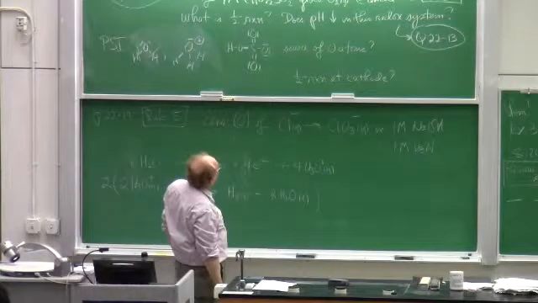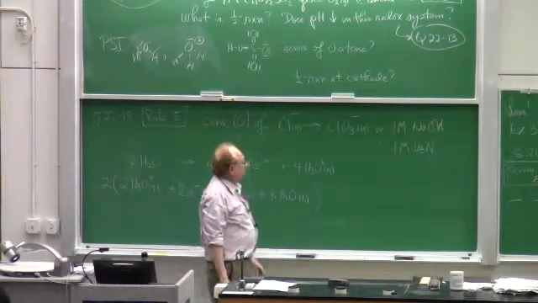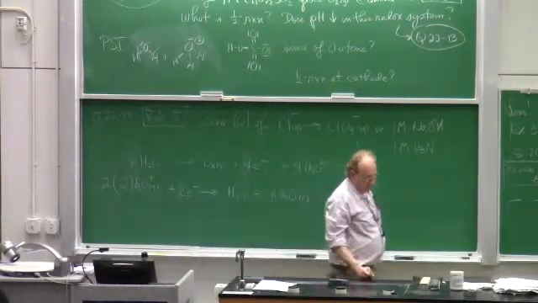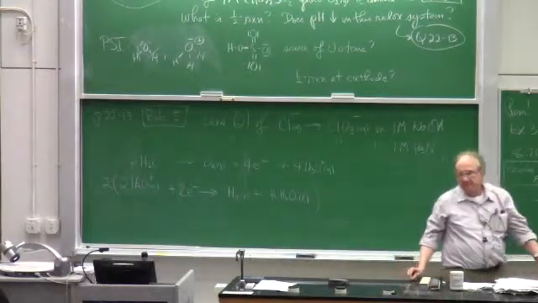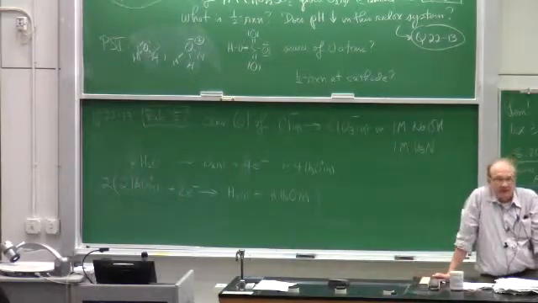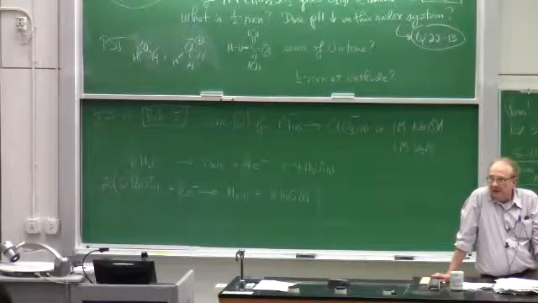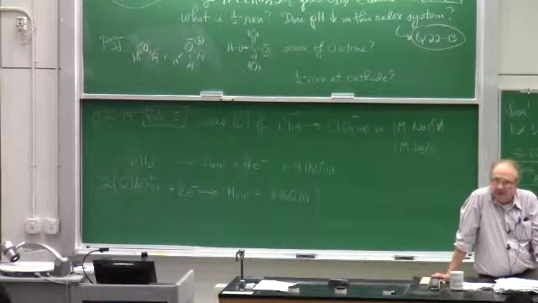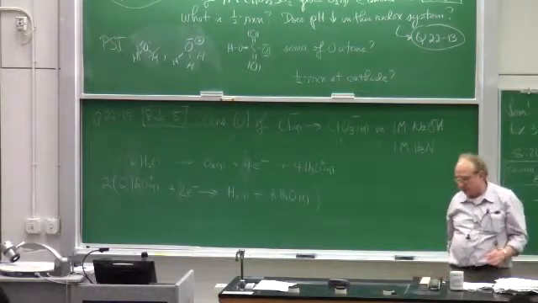So we go to page 2213. We will consider the oxidation of chloride ion to chlorate ion, ClO3-, occurring in strongly basic solution, 1 molar sodium hydroxide solution.